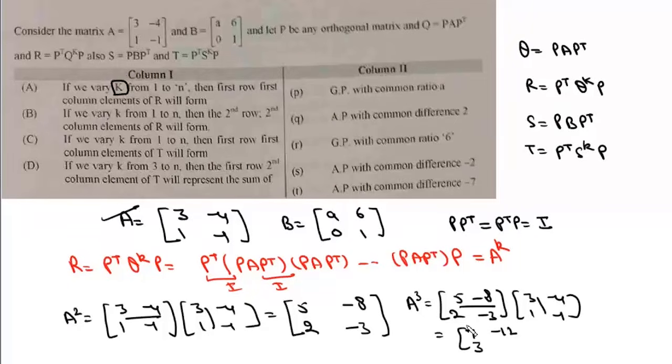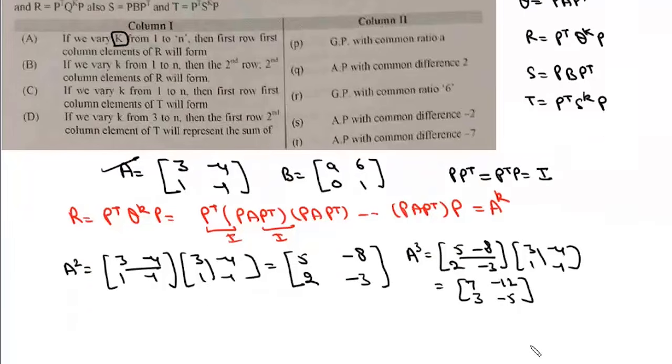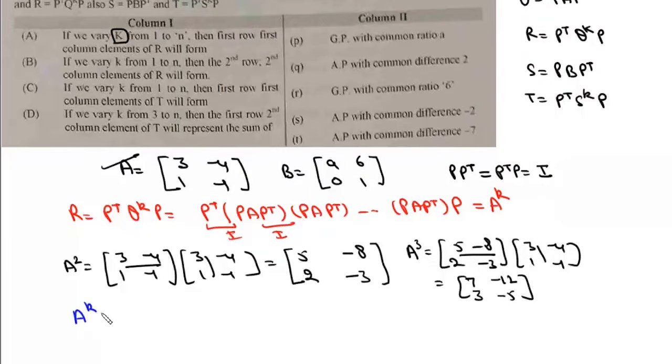And this is minus 8 plus 3, which is minus 5. Now if we look at this pattern in A, then we can simply write A to the power K. It'll be this AP 3, 5, 7, which is A plus (K minus 1) into D. Now this second element is minus 4, minus 8, minus 12.